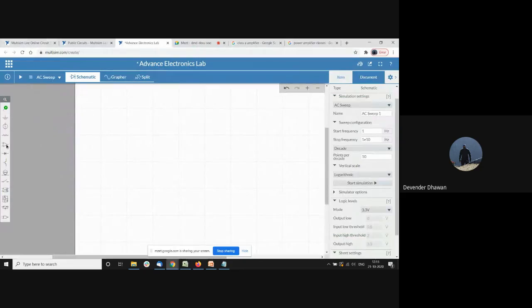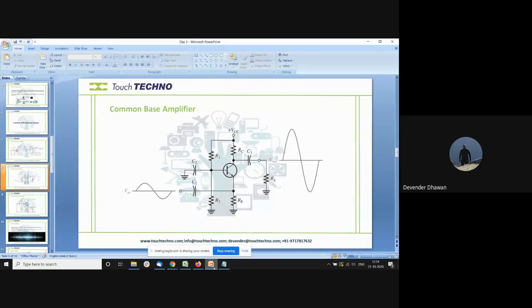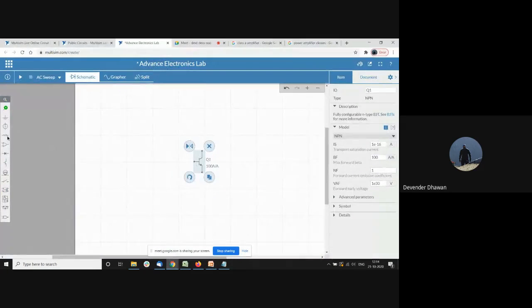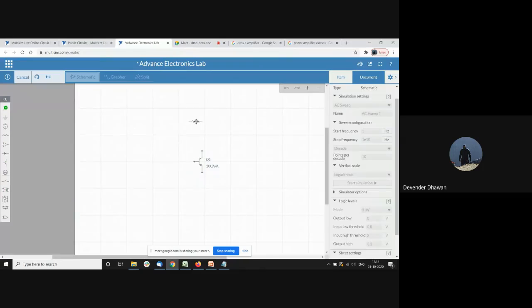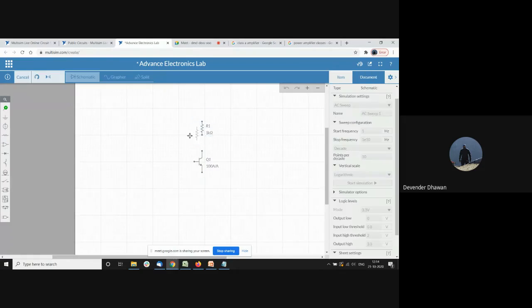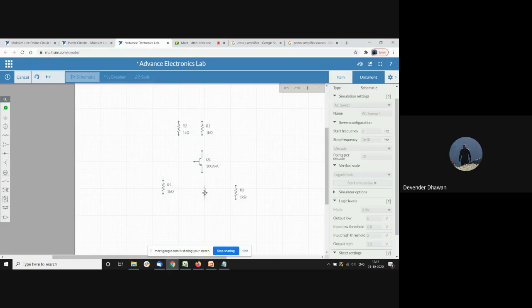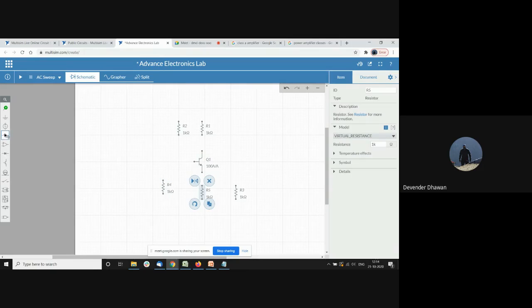So let me just make the circuit quickly. What else we need? Five resistance and 3 capacitors.